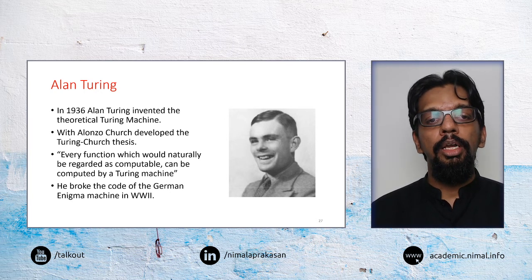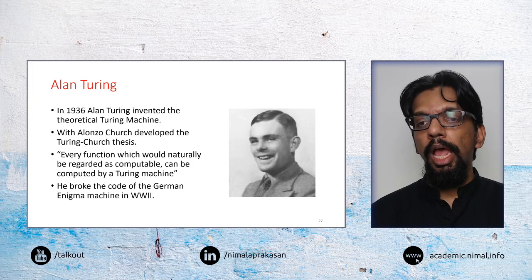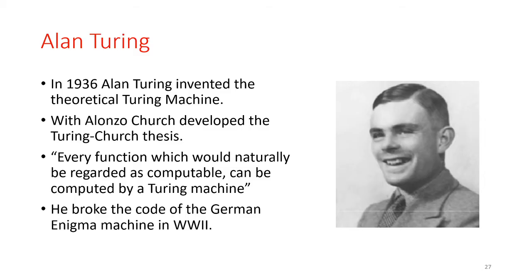And one of the earlier people operating in that period was a person called Alan Turing, who developed or invented the Turing machine. And this was the device that was used to break the security encryption used by the German forces.